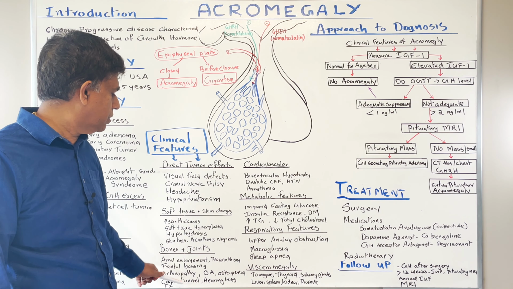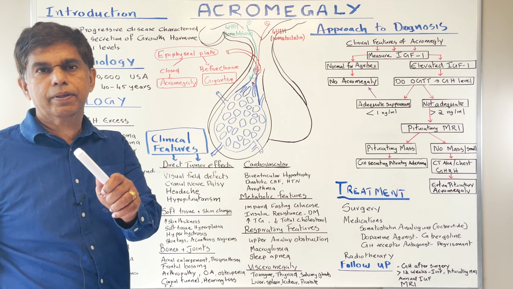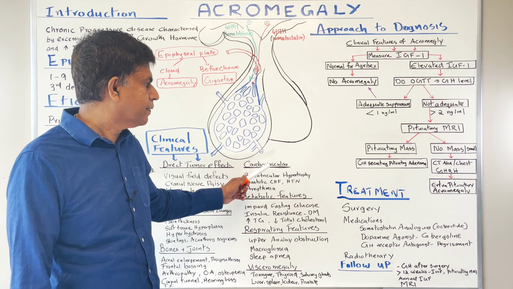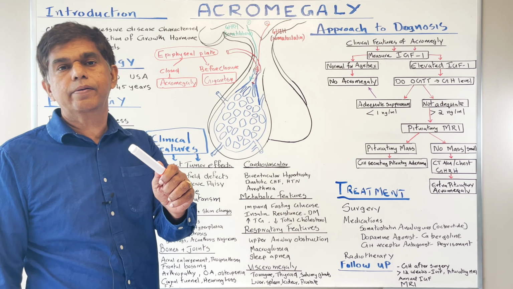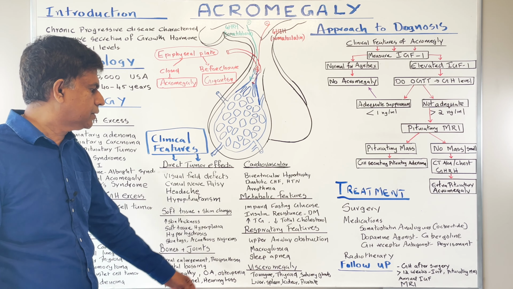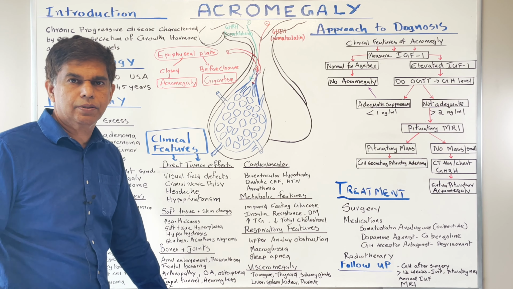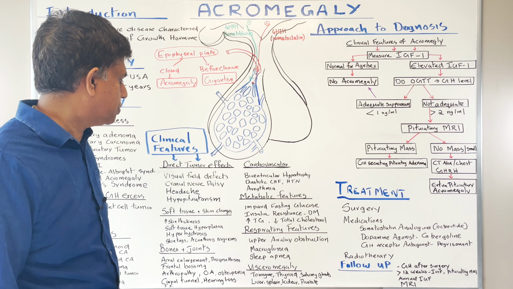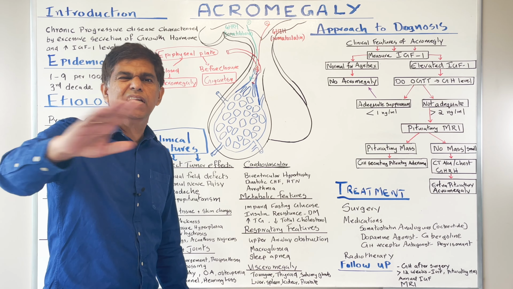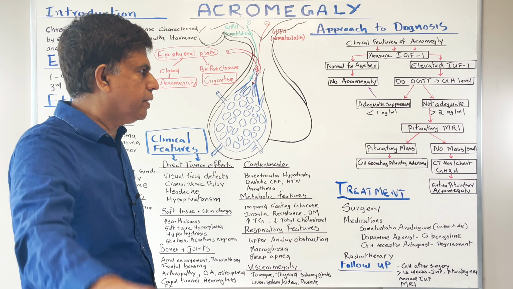Bone and joints, make sure you remember the hearing loss and carpal tunnel syndrome. Cardiovascular is very important, diastolic hypertension, and then you got impaired fasting glucose. Again, remember sleep apnea, upper airway obstruction, another board question, my friend, and visceromegaly, growth hormone affects any part of the body, any organ can get bigger, right?